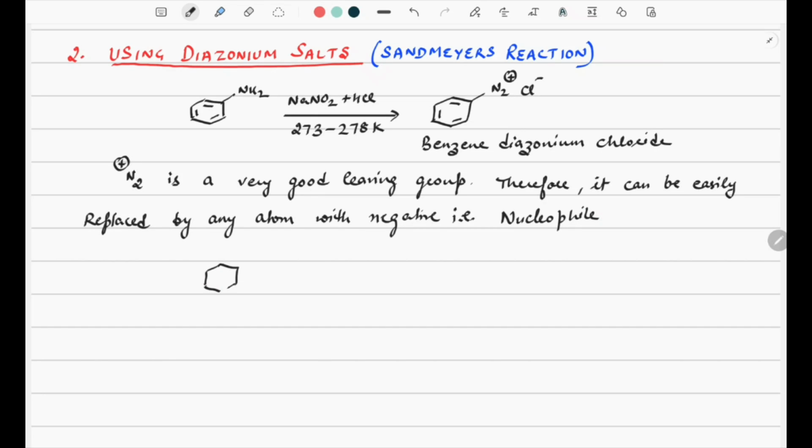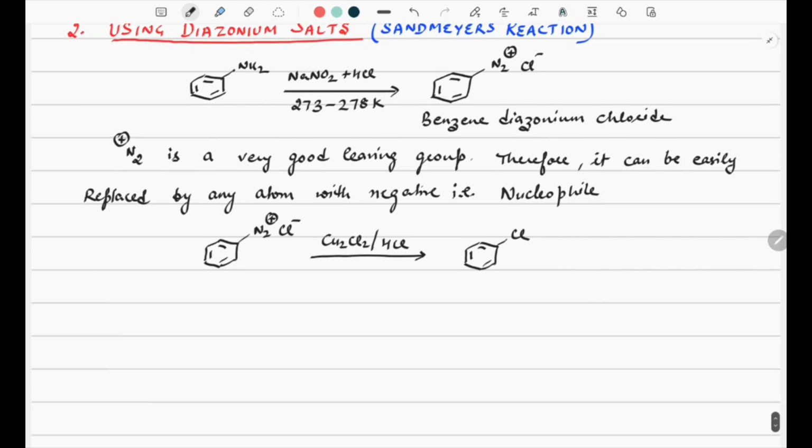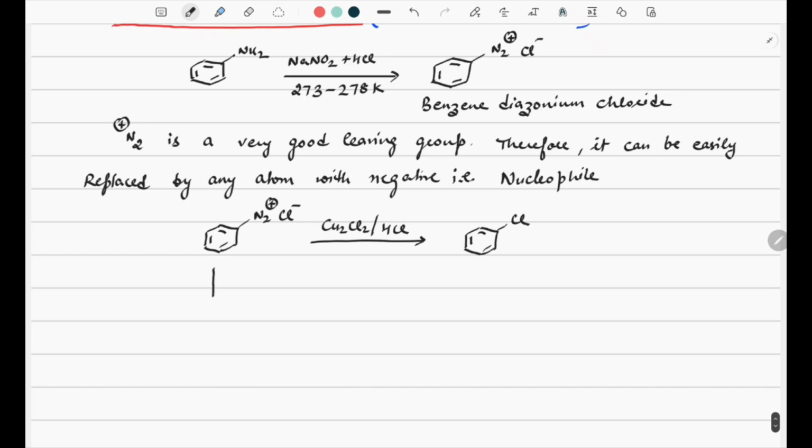again, the reaction of benzene diazonium chloride with cuprous chloride, Cu2Cl2, in the presence of HCl results in the formation of chlorobenzene. Similarly, if the reaction is carried out with cuprous bromide in the presence of HBr, then bromobenzene is obtained.